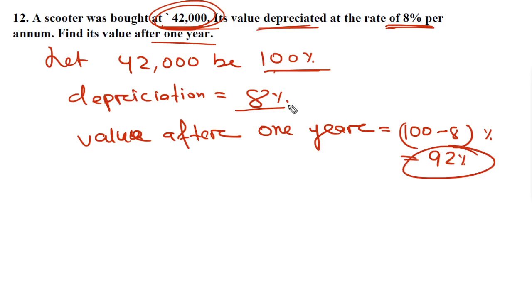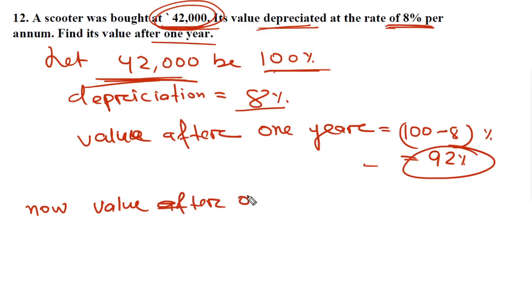So we have to find 92% of this 42,000. So the value after 1 year will be equal to 92% of this 42,000.